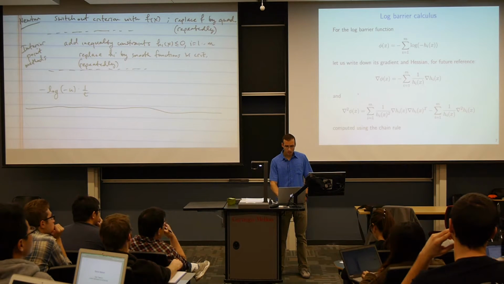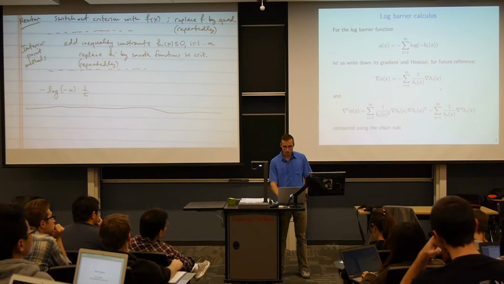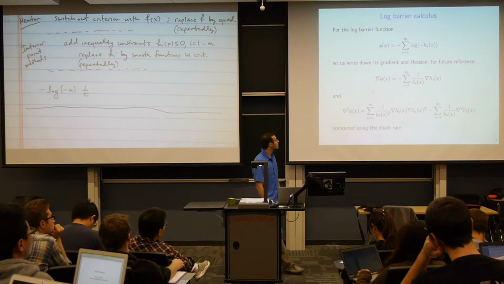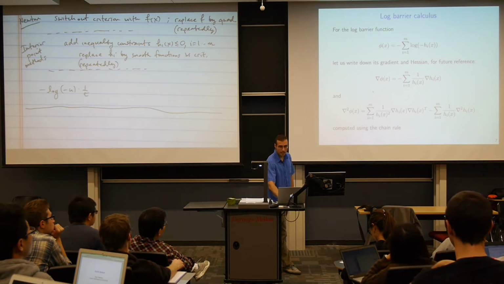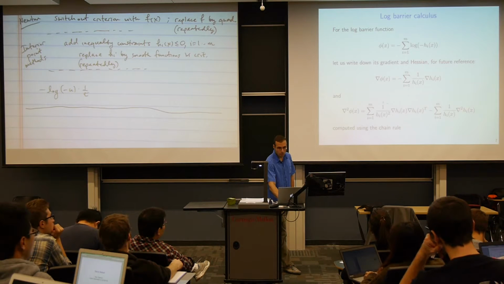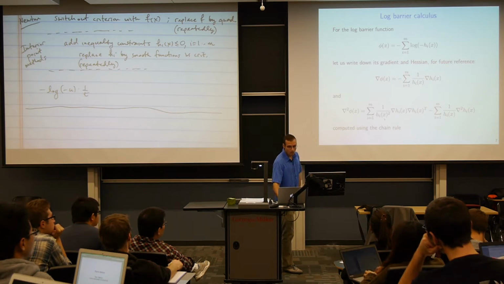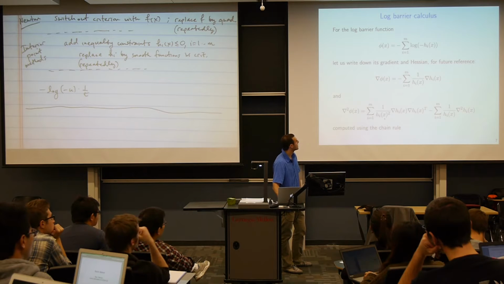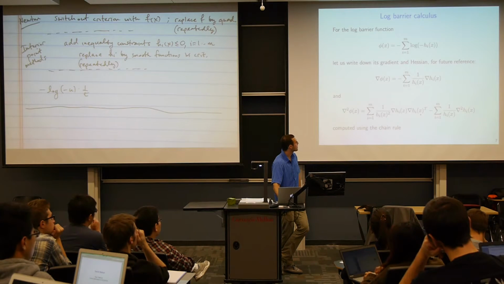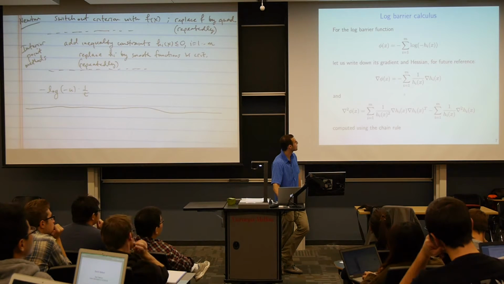And the Hessian I get just from computing the derivative of this quantity. This is just a product rule. If I take the derivative with respect to the first quantity, I get minus 1 over h_i of x squared times the gradient of h_i times the gradient of h_i transpose. That's the first term in the product rule.